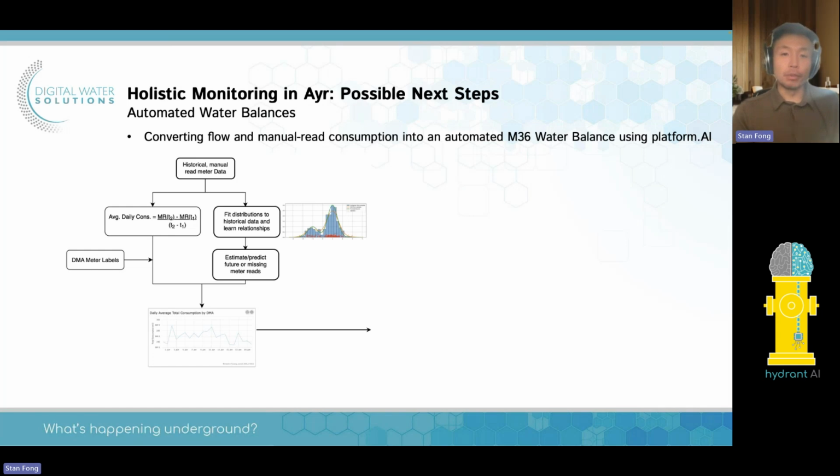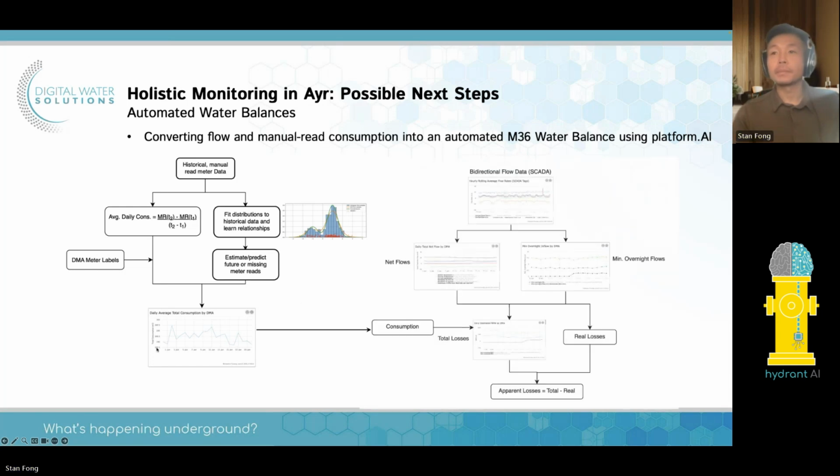So now instead of having to wait 4 months, we've effectively been able to convert this manually, discretely read meter read data into something that you can continuously provide. So we can now get a daily estimate for, say, the average total consumption for a DMA. And then we can take that consumption, we can also estimate how much water is being pumped in, right? How much water is leaving, so we can get the net flows.